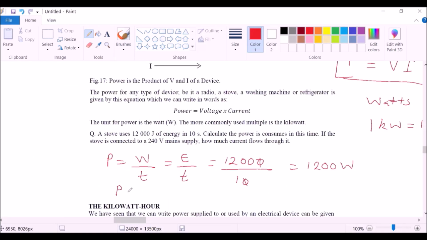Now, power is equal to voltage times current, and current is equal to power over voltage, which will give us 1,200 for our power over the voltage, which is 240. This will give us 5 amps. So that's how much current is flowing through it.